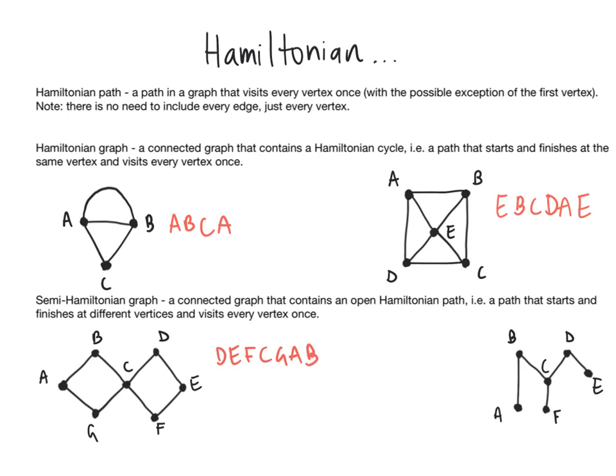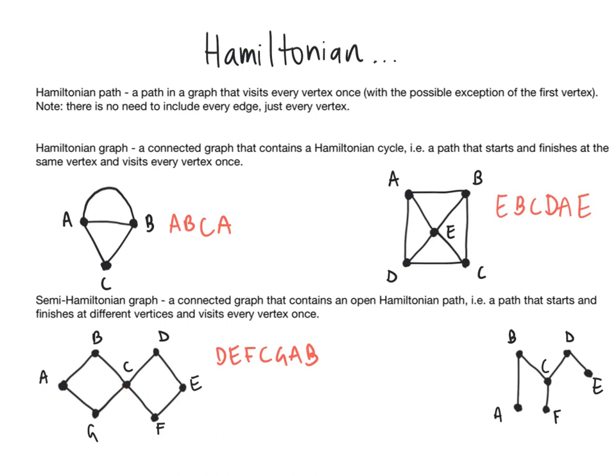Now in this case, there is no option to return to the vertex that we started at. So we started here at D, and once we get to B, the only way we could get back to D to complete the cycle would be if we had to repeat this vertex C. Now remember, paths, you cannot repeat a vertex when you're listing a path, okay?